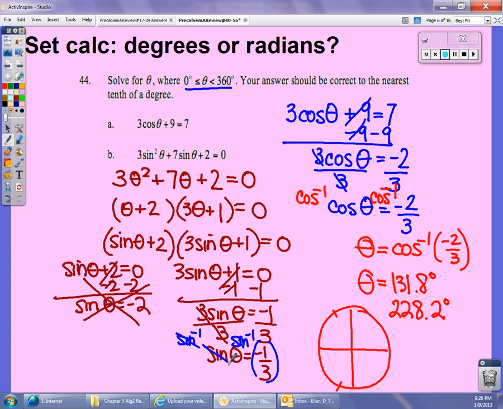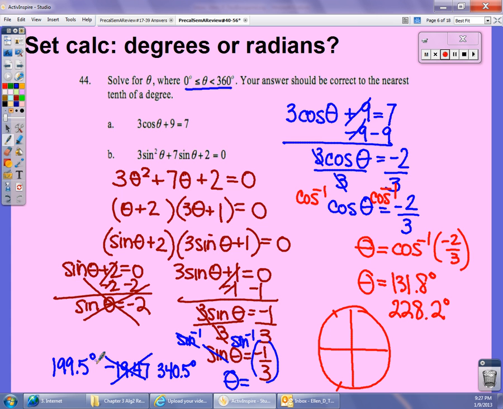In this case, we get theta equals negative 19.47, which of course does not fall between 0 and 360 degrees, but we can rewrite it as 340.5 degrees, and then our other answer is 199.5 degrees.